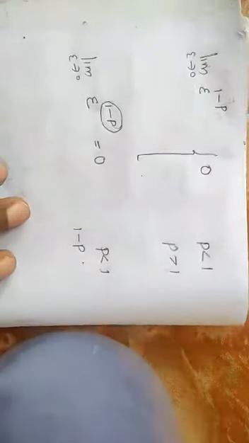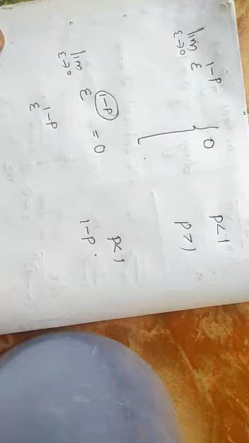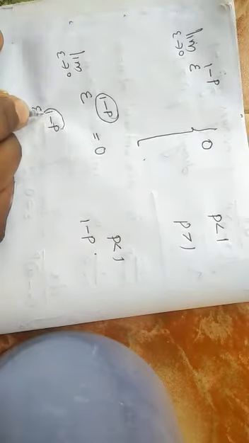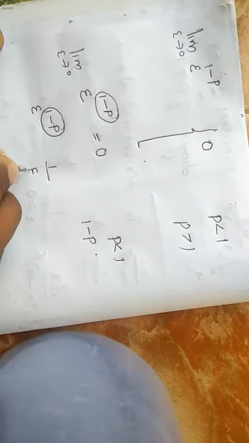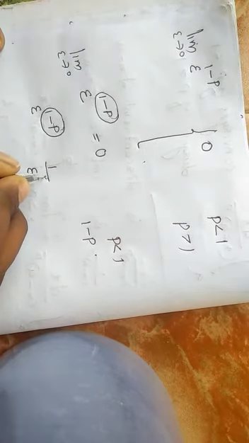So if p less than 1, this limit value is 0. Next is p greater than 1. In the case of p greater than 1, 1 minus p will become negative, so epsilon power 1 minus p is 1 by epsilon power some positive number.